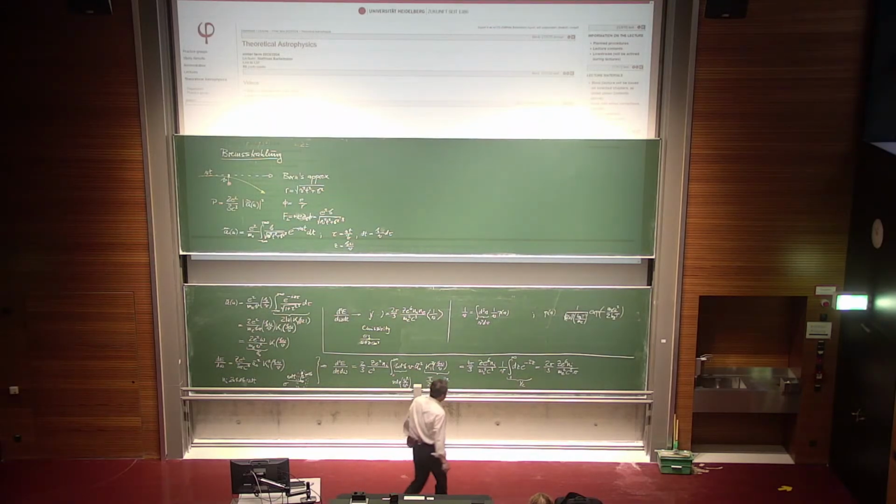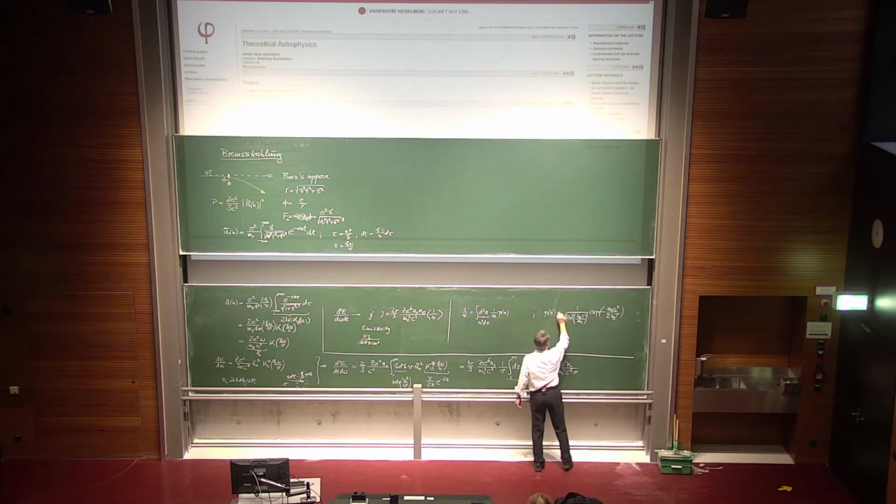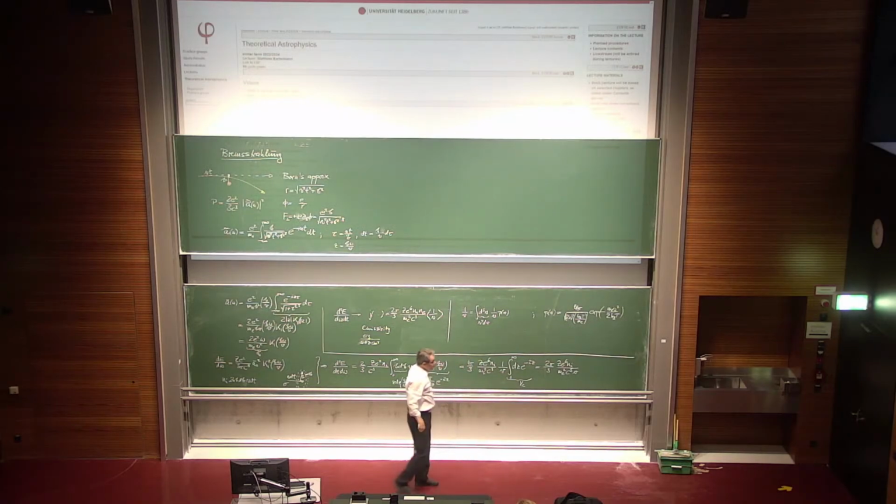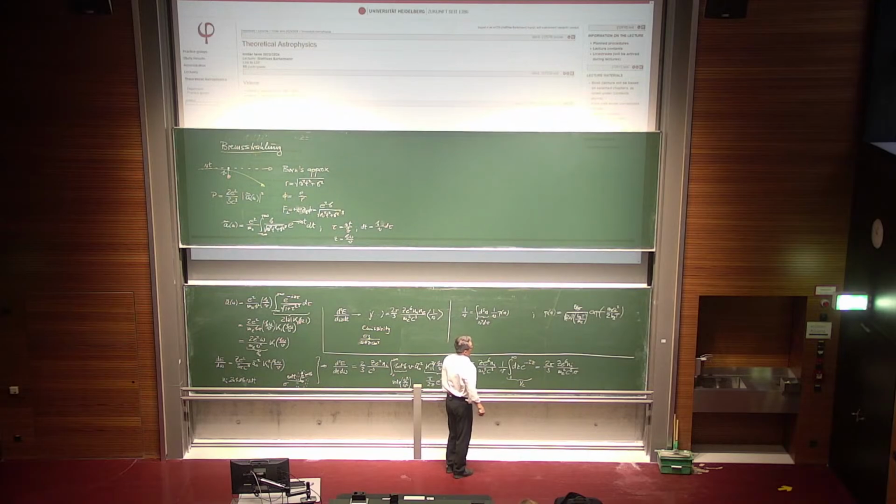I'm going to pull this into the normalization of the P of V. So I'm getting this here for the Maxwell-Boltzmann distribution now of the absolute value of the velocity. Right? Not of the three-dimensional velocity, but of the absolute value of it.